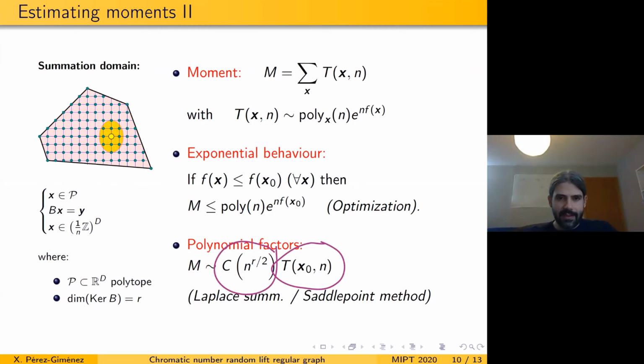It's some constant times n to the r over 2 times that term, where r is the dimension of the affine space that we're slicing the polytope with.